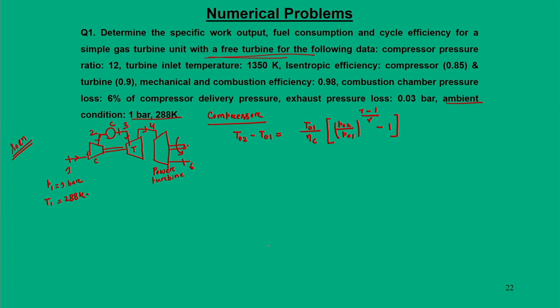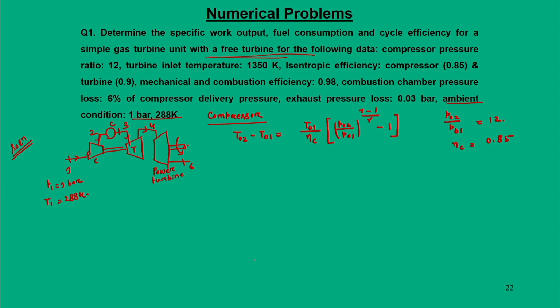Now let us see what is known. P02 by P01 is given as 12, and compressor efficiency is 85%, that is 0.85.